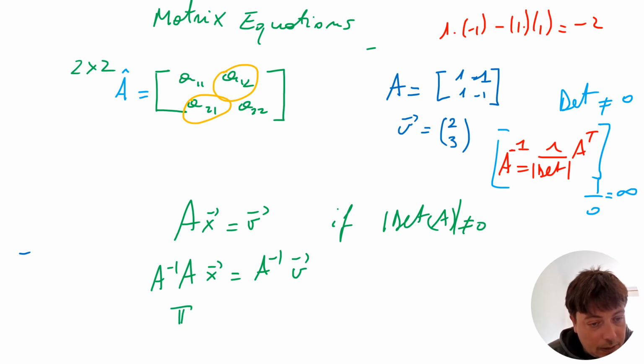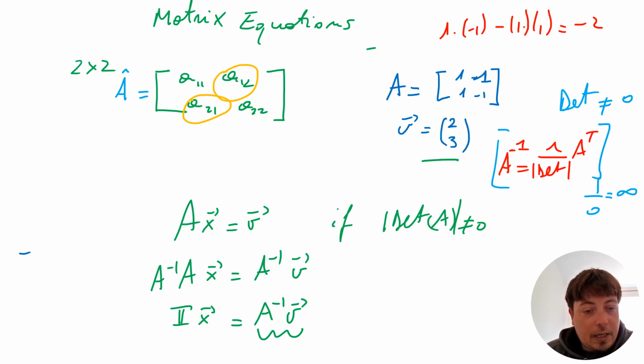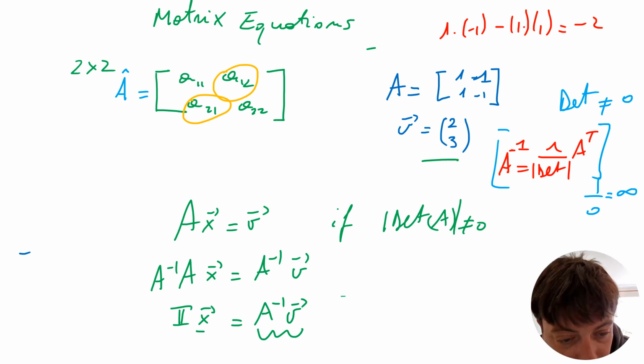This is identity. x is equal to A inverse v. Now this is something that we can compute because we know v, we know A inverse, and we get x. Okay? And then we can check that our result is correct. So remember, the determinant needs to be different from 0. You use the transpose, you get the inverse, you apply the inverse, and you solve for x.